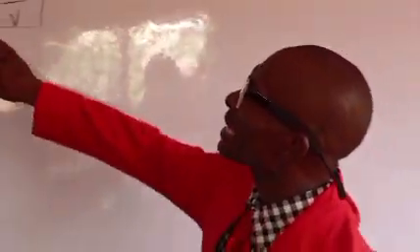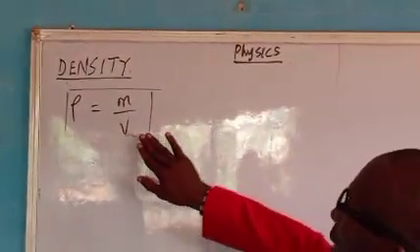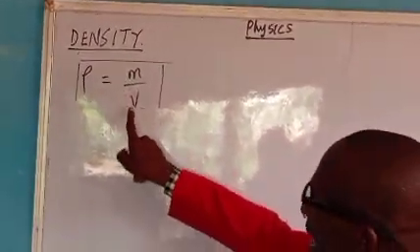Now we are to continue from where we stopped. We are still on density. When we started, I gave you this equation and told you that density is mass over volume.